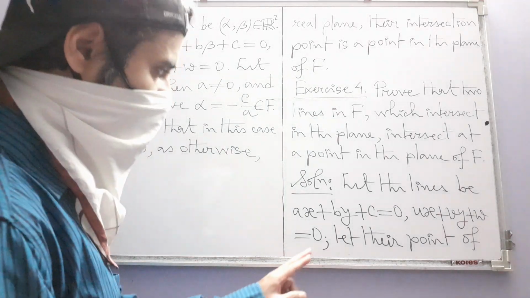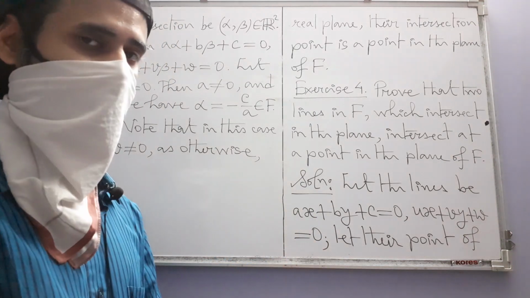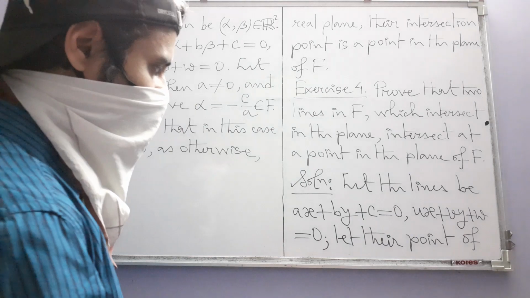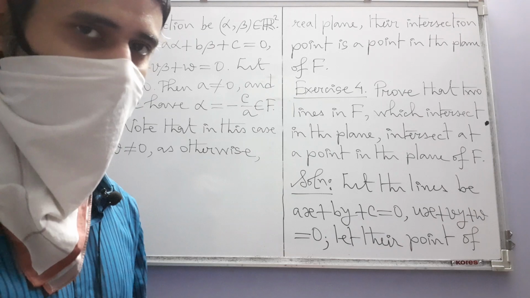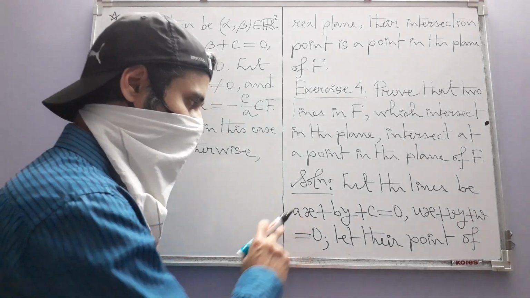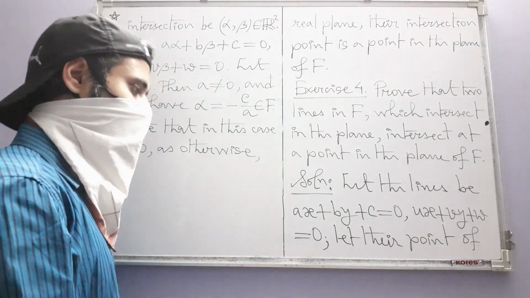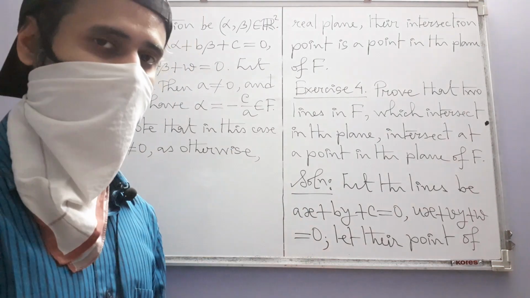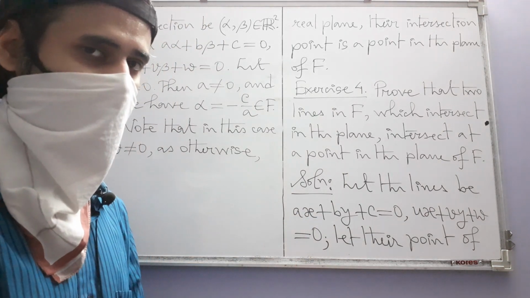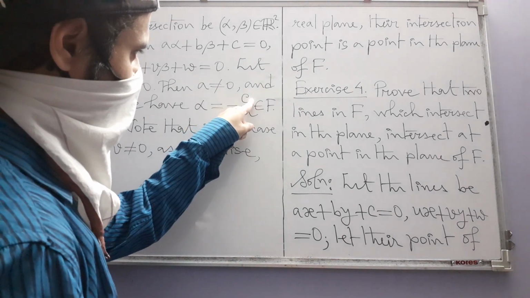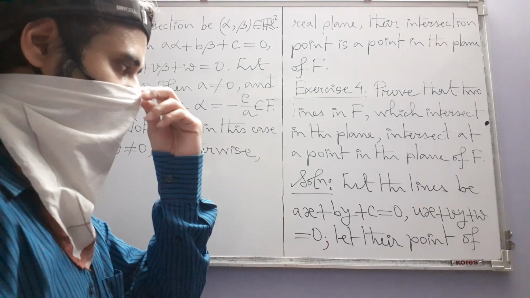Because you see, b equal to 0 means what? b equal to 0 means we get a fixed value of x. Although x is a variable, on the line we get a fixed value of x, which means what? That the x coordinates of all the points on the line are the same. They have only one value, and that value is minus c divided by a, which is also alpha.